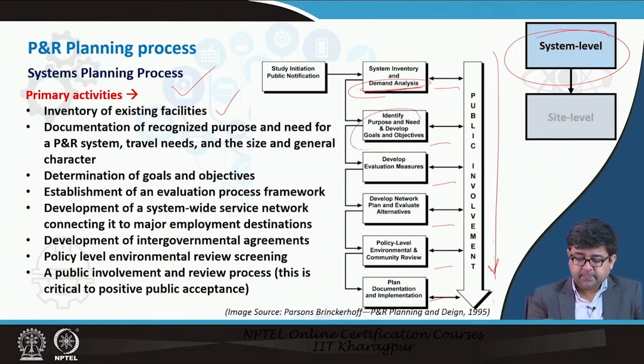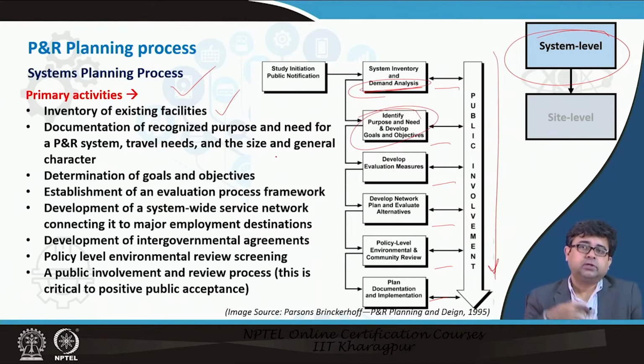Obviously, you have to set up some goals. The goal could be that transit ridership would increase by 5% if I have a good network of park and ride lots, right. Remember, the intent of park and ride lots is to increase the ridership of the public transport system.